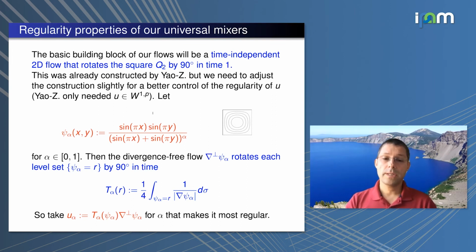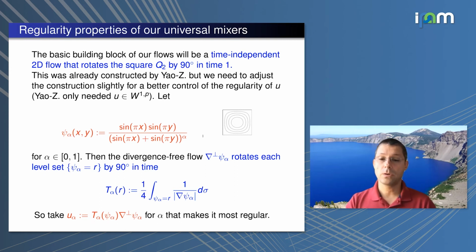So what you do instead is you divide the stream function by some of these sines to some alpha, where alpha is between 0 and 1. And then, of course, that messes up this stream function near the boundary. So the larger alpha, the less regular this stream function is, and therefore your original flow. But then it improves the regularity of the T a little bit.